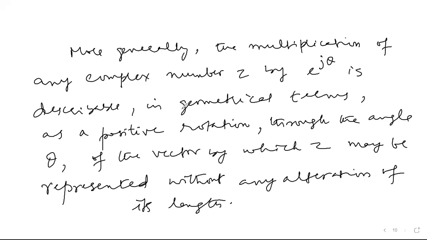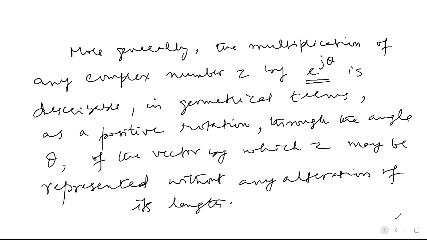That means if we have some complex number, we represent it by some vector, right? Now we multiply that complex number with e^(j theta). What will happen to the vector? The vector will be rotated through angle theta in counterclockwise sense, and there will be no effect on its length, right? This is the conclusion.